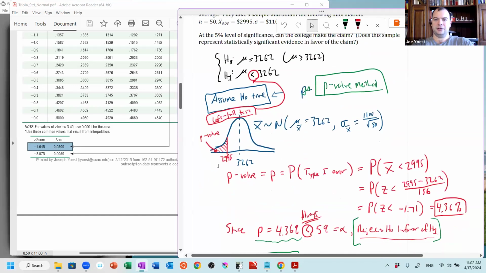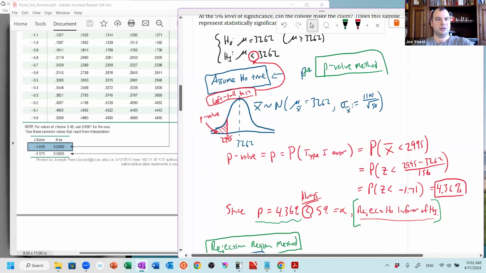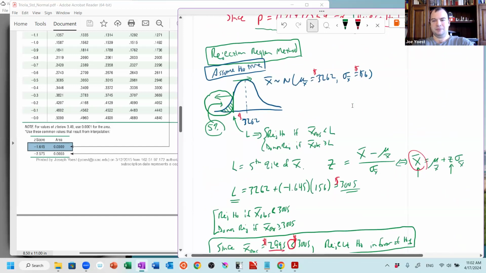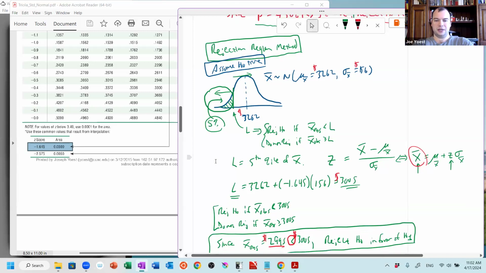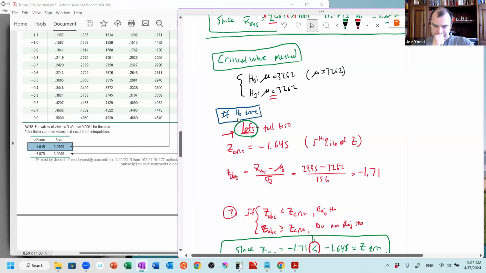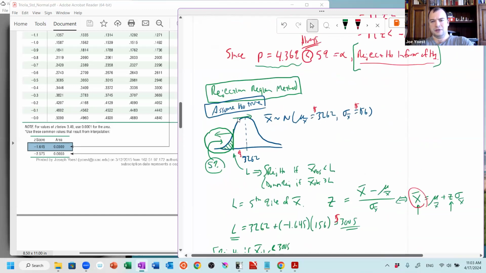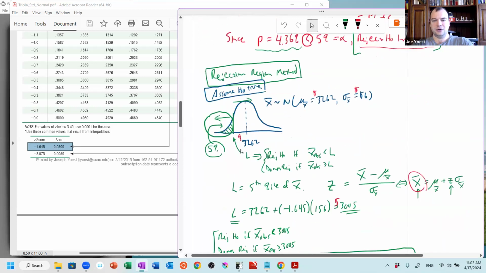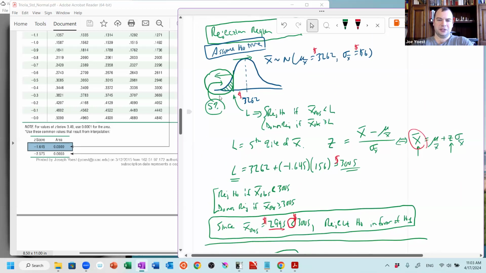Okay, so we have our three approaches: the p-value method, which sometimes is a nice version to use; the rejection region method, sometimes a nice way to go; and the critical value method. The nice thing about the critical value method is that figuring out a p-value or a rejection region wasn't really bad in this context because I had a normal distribution to work with, and that's a pretty nice distribution.